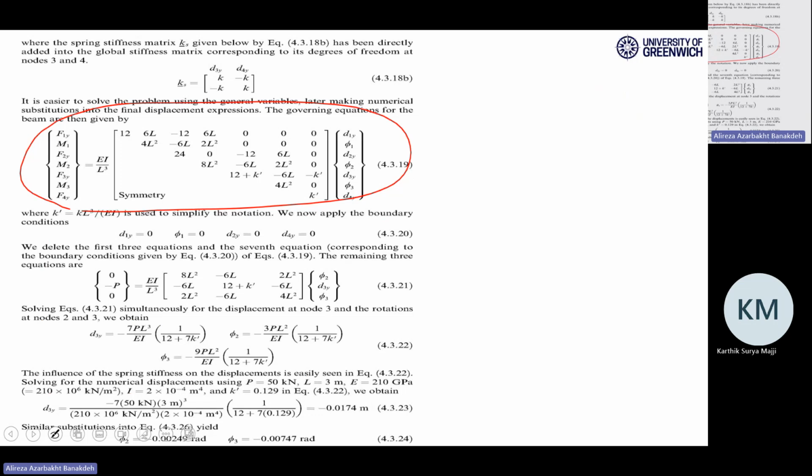So 3 degrees of freedom are free to move. That's why after elimination, you will get a 3 by 3 matrix, and these are your unknown deformations. These are external forces. P is 50 kilonewton. And if you calculate, invert this matrix and multiply it by the left-hand side external force vector, you will come up with unknown deformations, like these 3 values.